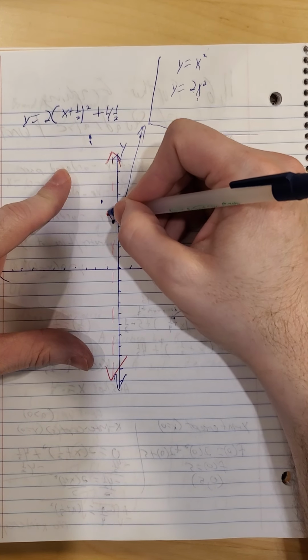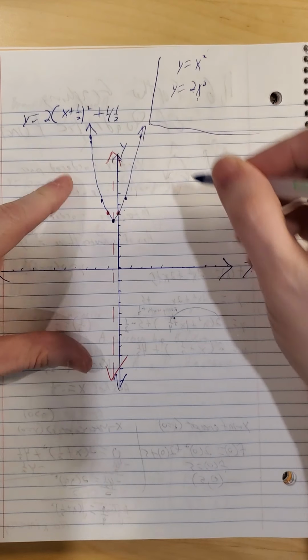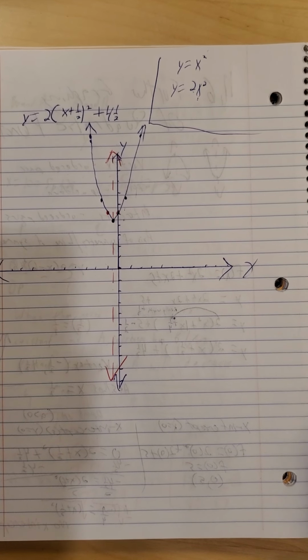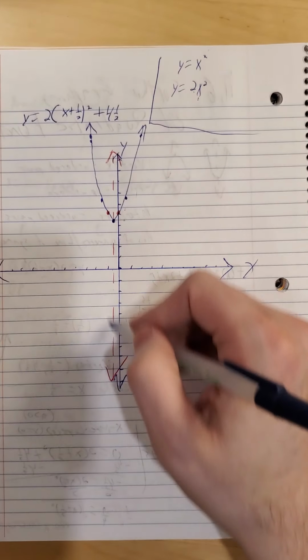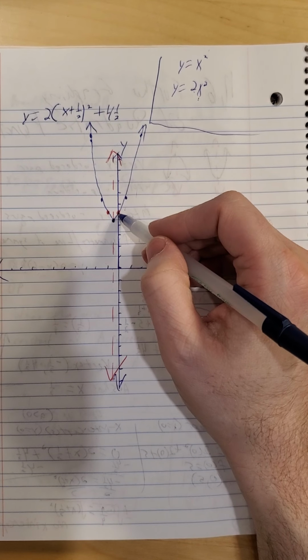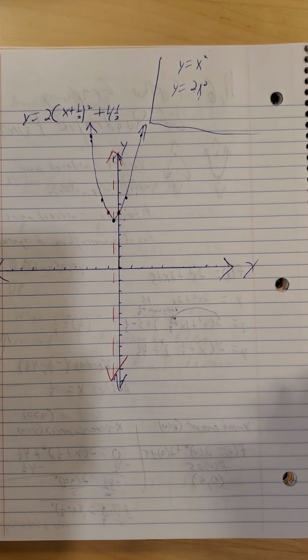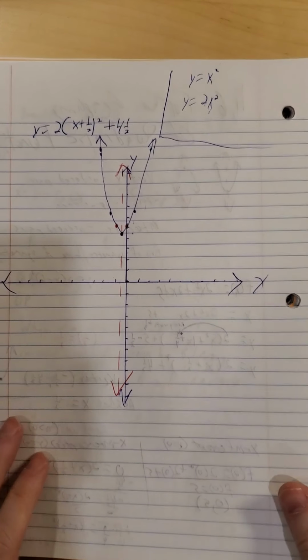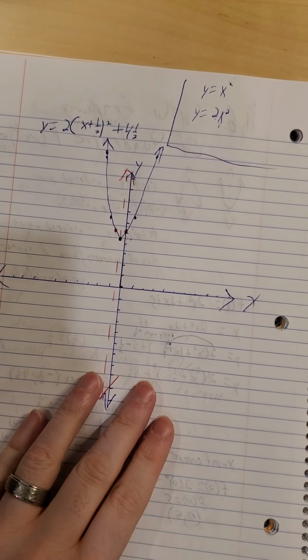So steep graph, should make sense, it was vertically stretched. We have our axis of symmetry, we have our y-intercept, we had no x-intercepts to graph. So that gives us a pretty good picture of what's happening.